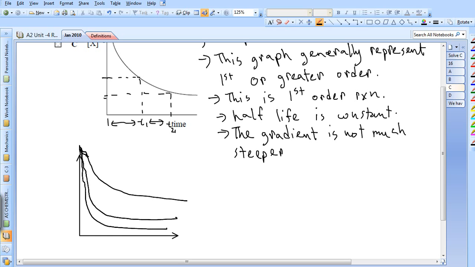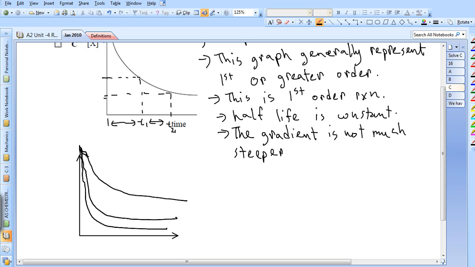As the order number increases, the graph becomes steeper. This graph is steeper than this one, and this graph is steeper than this one. So greater orders will not have a constant half-life anymore.